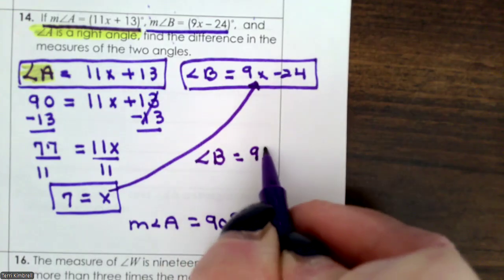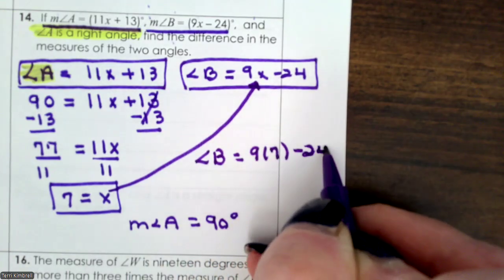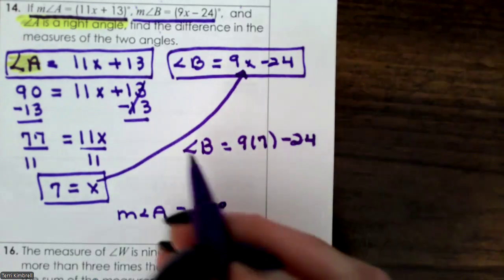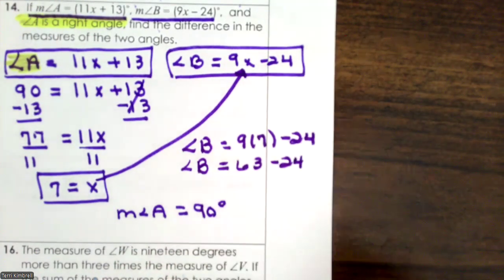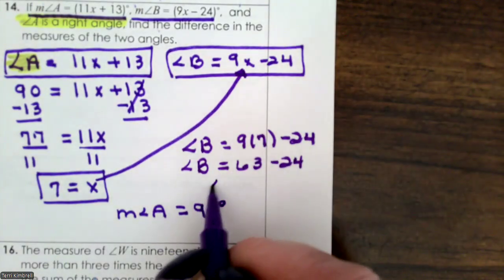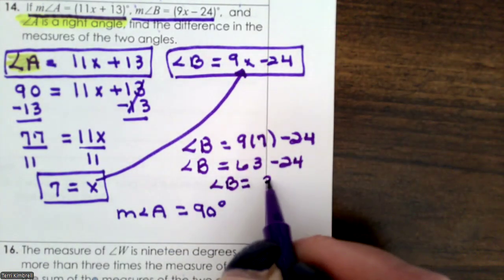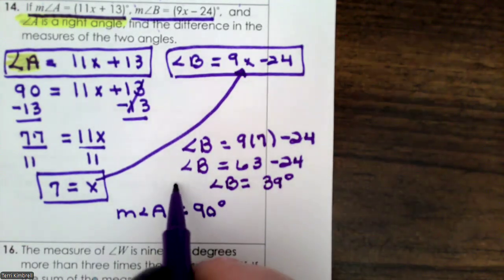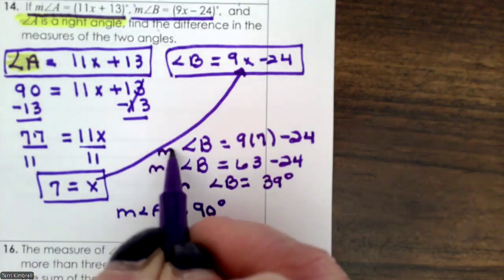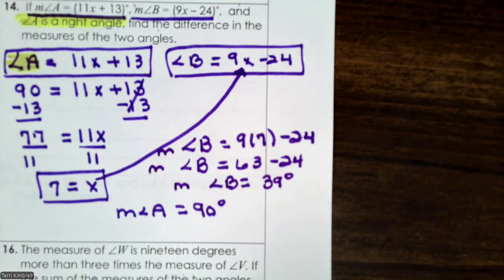So I'm going to do 9 times 7 minus 24. So then we're going to have 63 minus 24, which comes out to be 39 degrees. So angle A is 90, angle B is 39.